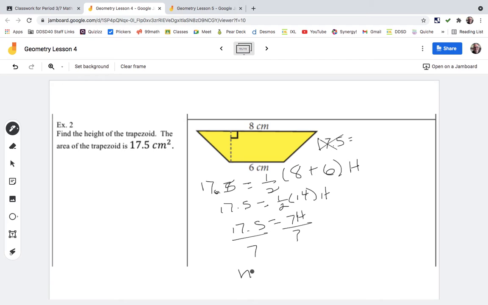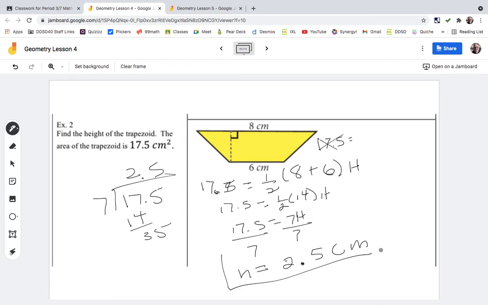And h is equal to 17.5 divided by 7. Goes in there twice. So 2.5 times. So 2.5 centimeters. Okay. So that was the answer key for Geometry Lesson 4.